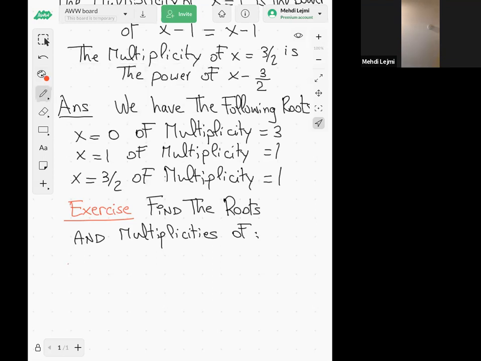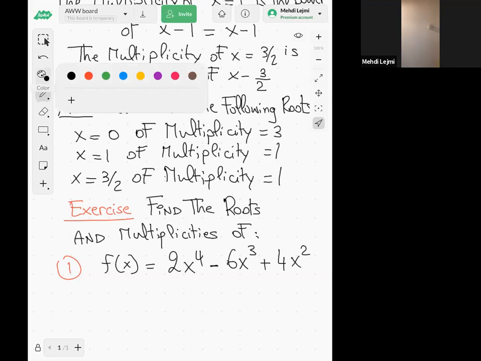Number 1, let's say f of x is 2x to the power 4 minus 6x cubed plus 4x squared. Right?